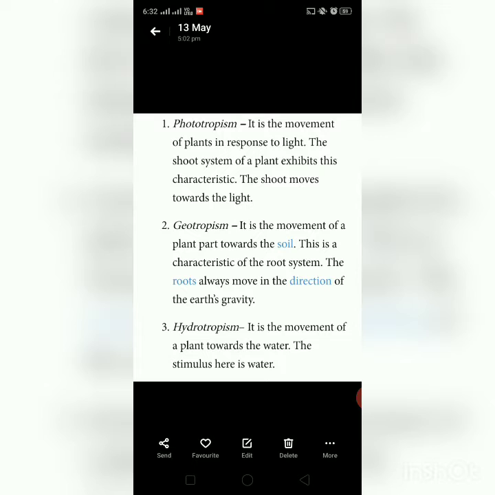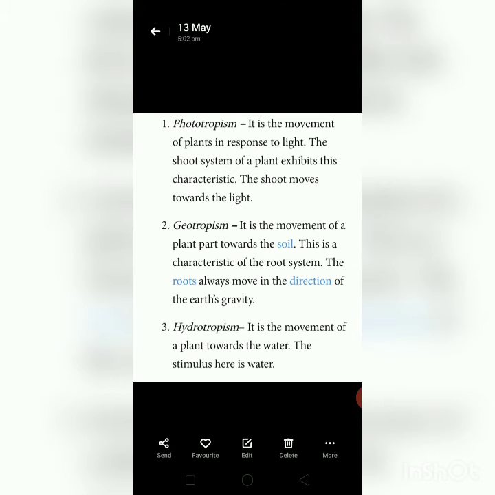So in geotropism, the root parts, which are present under the soil, will grow towards the soil, developing and growing under the soil. That is called geotropism.